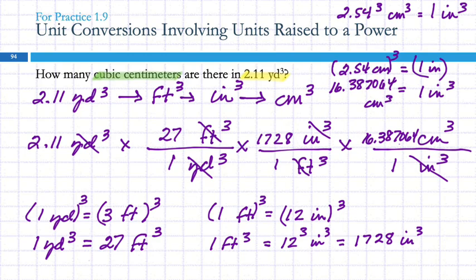So I've got 2.11 times 27 divided by 1 times 1728 divided by 1 times 16.387064 equals.